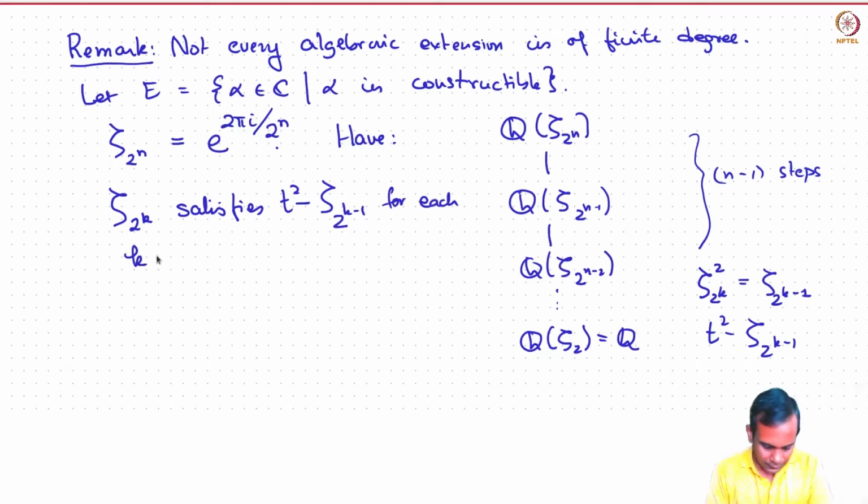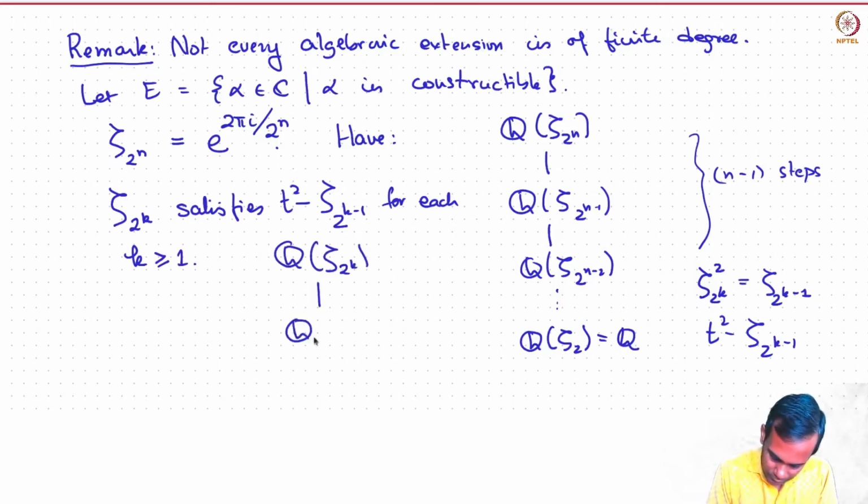So what that means is that this extension Q(zeta_{2^k}) over Q(zeta_{2^{k-1}}) has degree less than or equal to 2. Okay, so this has degree less than or equal to 2, this has degree less than or equal to 2, and so on.